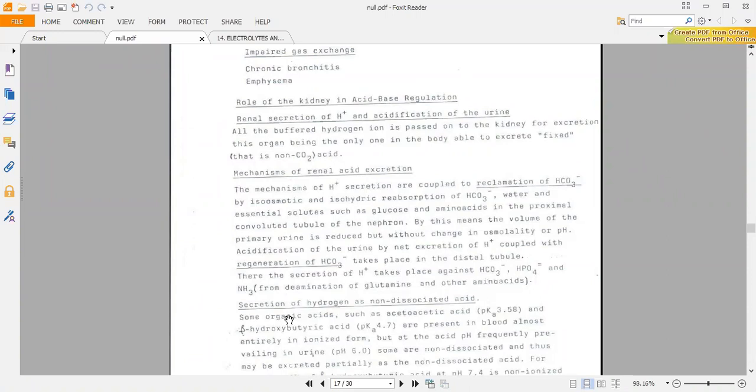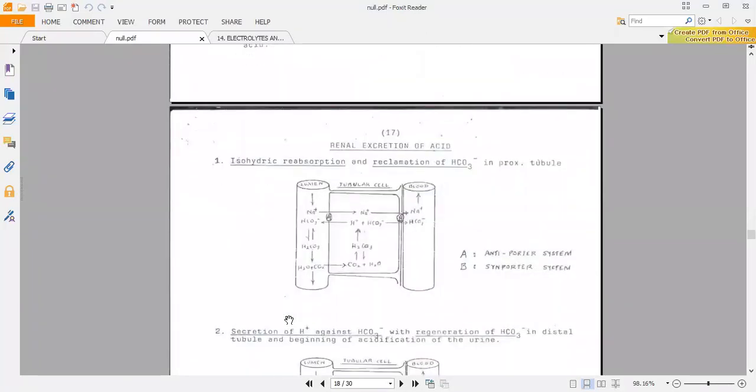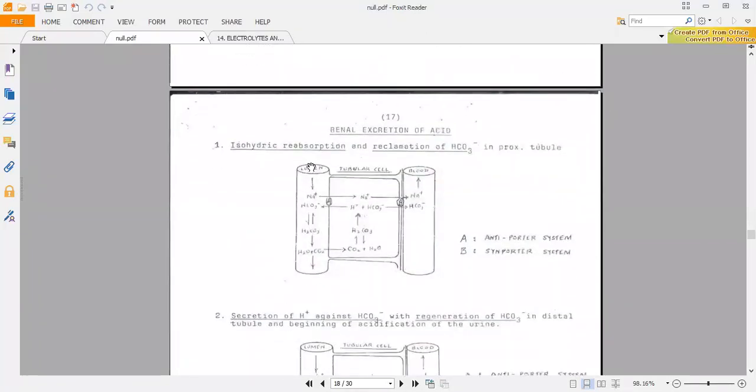Now, let's go into details. Let me just use this diagram to explain. So let's consider this diagram carefully. This is the lumen. Let's say this is the proximal convoluted tubule.